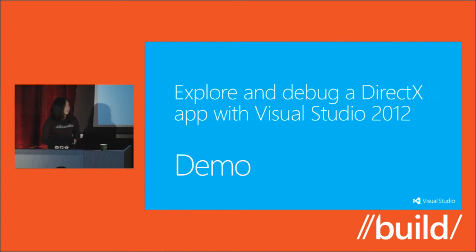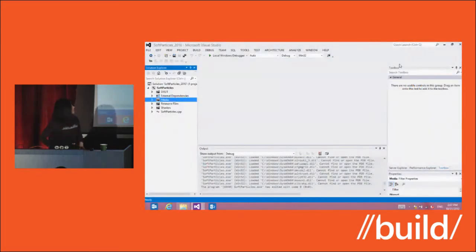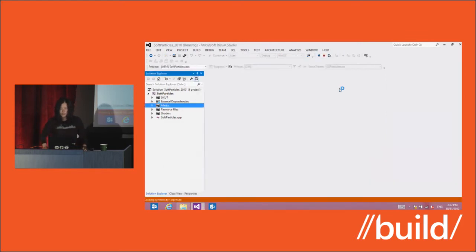Because let's face it, most of the time we're just debugging our code and trying to figure out what's wrong and fix it. So let's do another demo and see how we're going to use the diagnostic tools in Visual Studio to fix some issues in a real app, which is a bit more complicated than the first spinning cube.